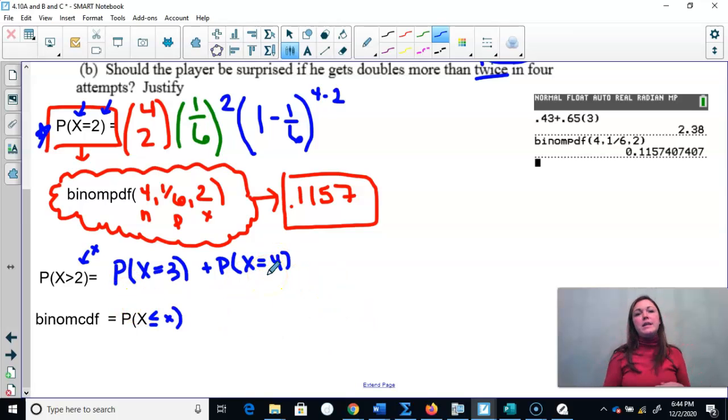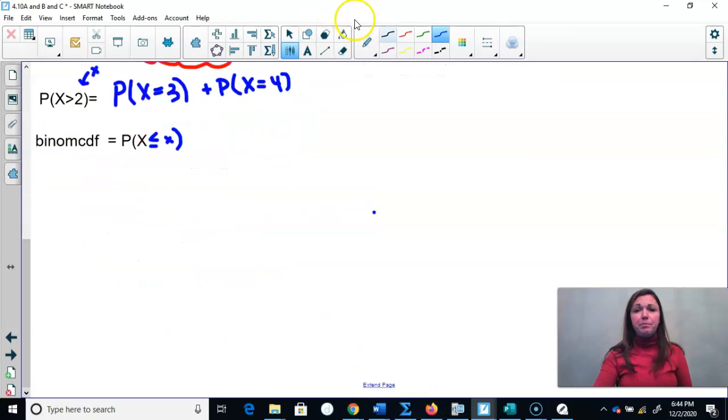But the issue is, guys, sometimes you may have your fixed number of trials equal to 20. Well, then we would have to do 3, 4, 5, 6, 7, 8, 9, 10, all the way up to 20. So what we're going to do, guys, is rewrite this statement as the probability of x is greater than 2.